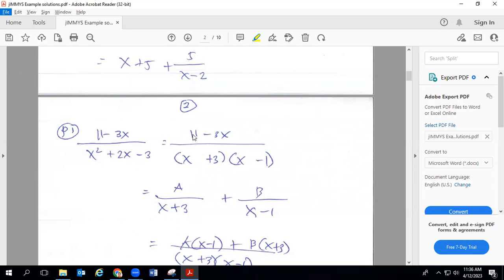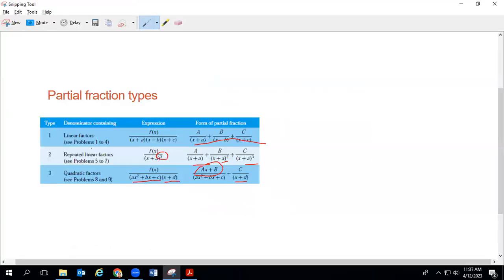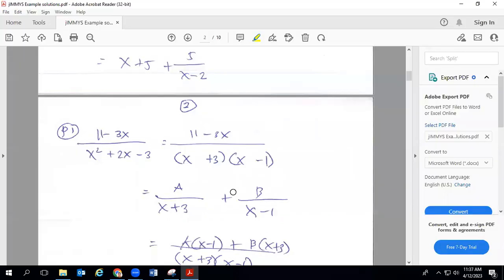So this one is a linear factor. You have A and B if you only have 2. Of course, we get the factors of this first.